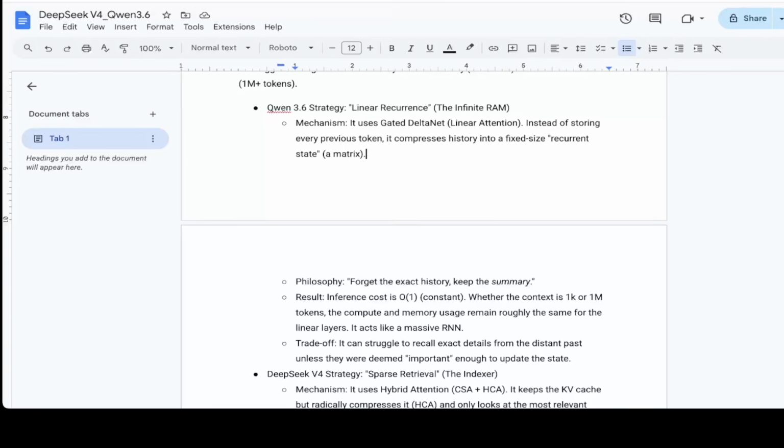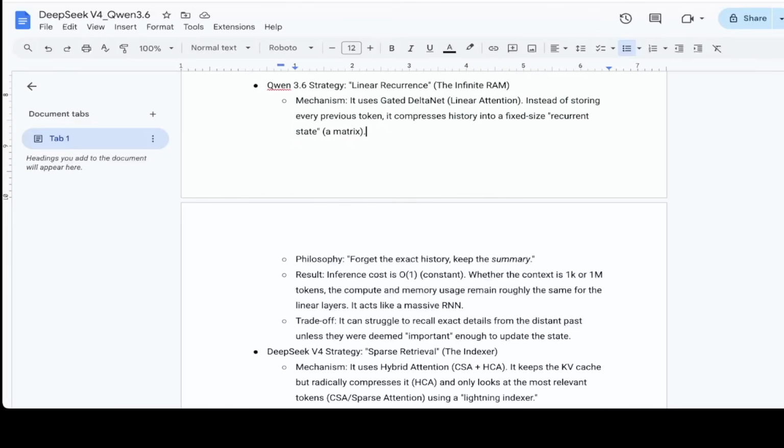So with the gated delta net, instead of storing every previous token, it compresses history into a fixed size recurrent state. It's one matrix, so no matter how much information flows into the matrix, it's a fixed matrix, and it only keeps the important things in the matrix for fast information retrieval.